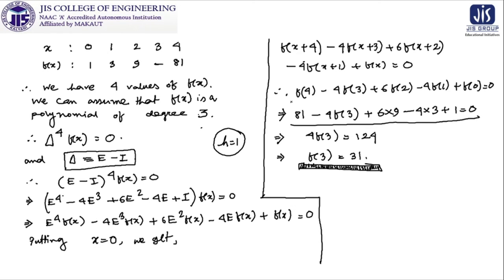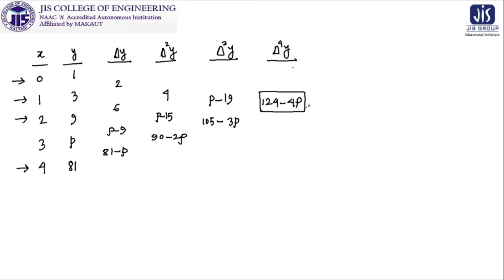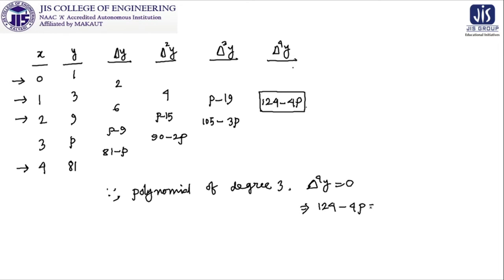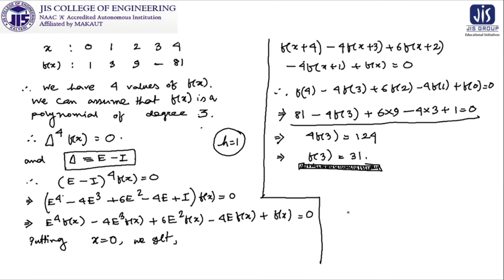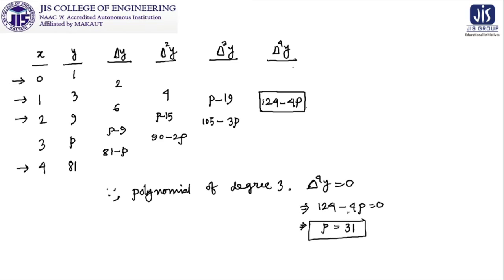I am using the same logic, that is del 4 f(x) is equal to 0 as it is degree 3, so it will be also del 4y is equal to 0, and as the polynomial is of degree 3, we can treat del 4y is equal to 0, which gives us 124 minus 4p is equal to 0, which gives us p is equal to 31, and I think all of you are able to identify that we may adopt two different processes apparently, but in both the cases we are getting the value of the missing term is same, that is 31.